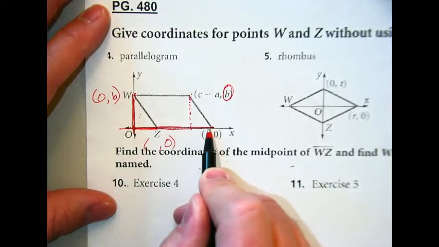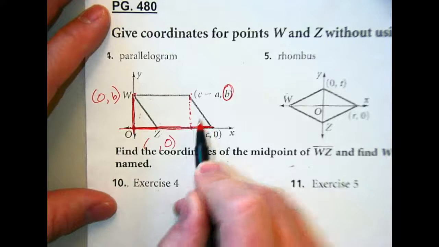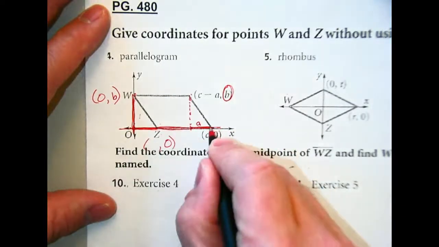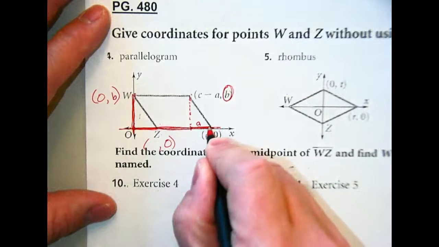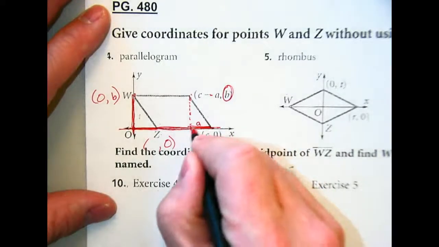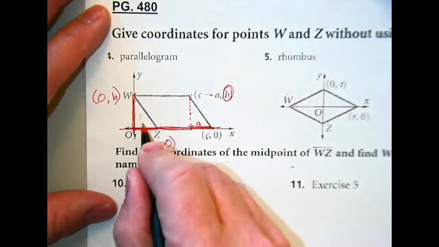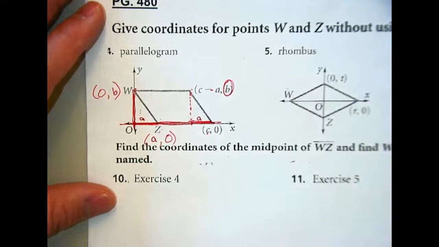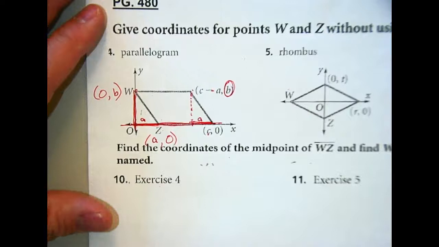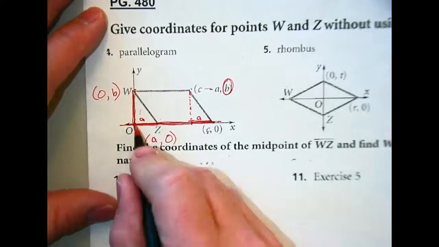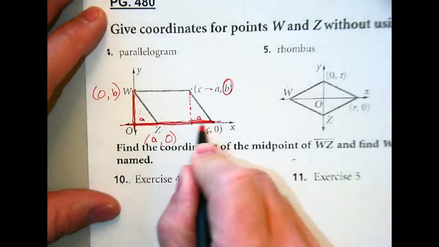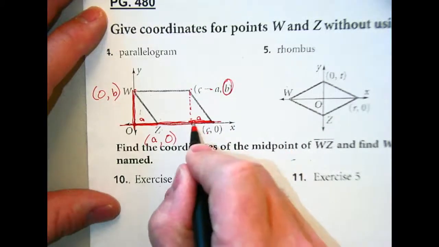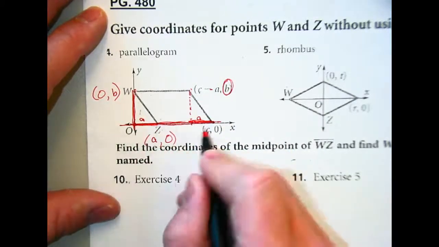A. We travel C to get to there, and then we have to go back A to get to there. C minus A. So what is this little length? A. So we go C to get to here, and then go back that length to get to there. That's C minus A. And this little triangle and this little triangle in a parallelogram are the same. These lengths are the same.